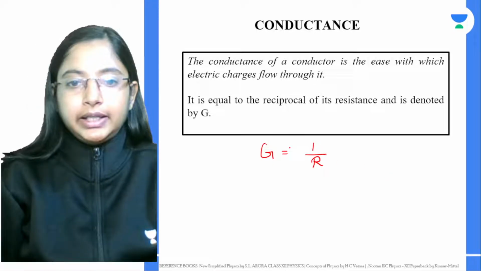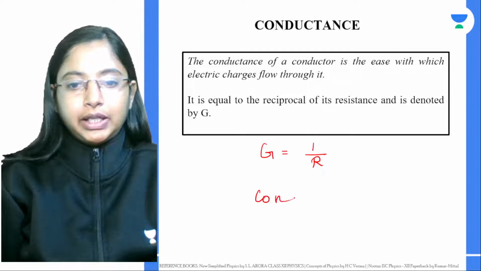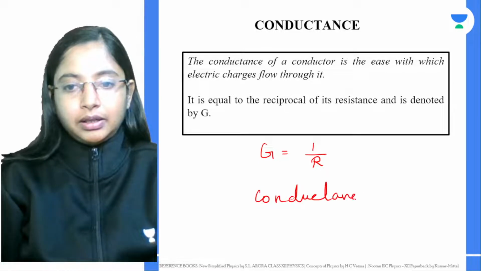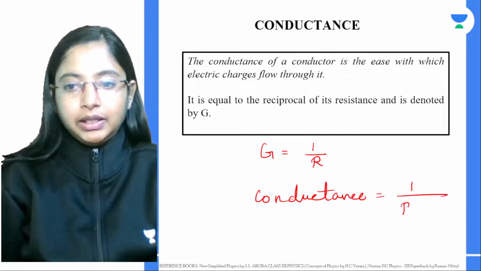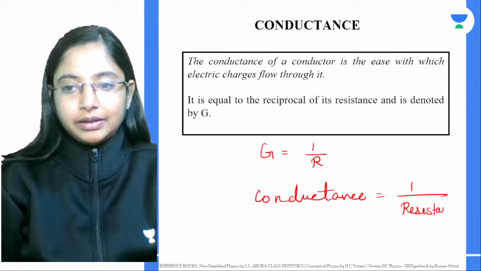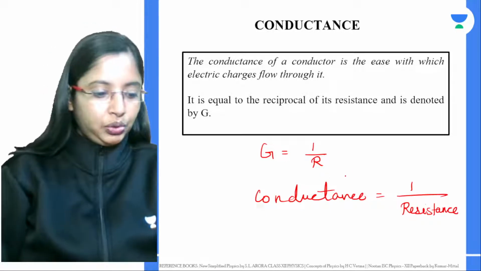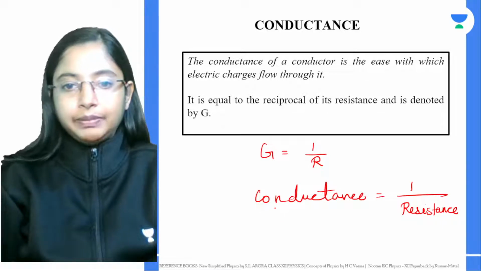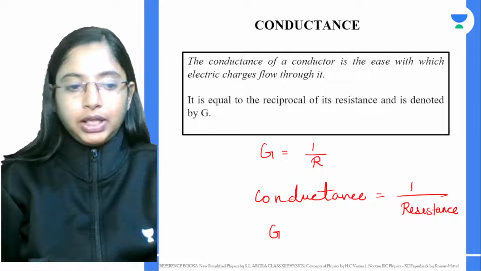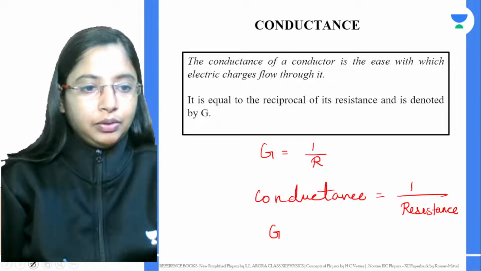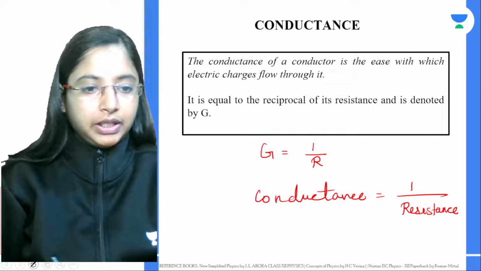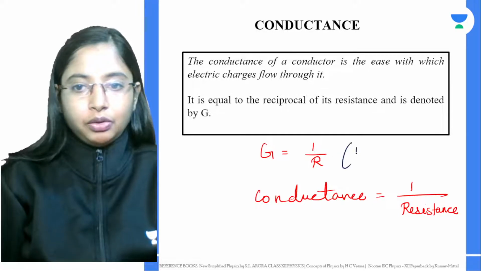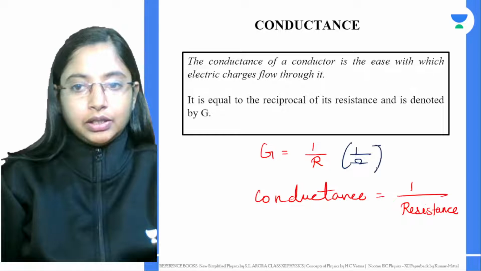So conductance is basically 1 by resistance. What will be the unit of conductance? We denote conductance by the letter G. Its unit will be 1 by ohm, which you can write as ohm inverse.